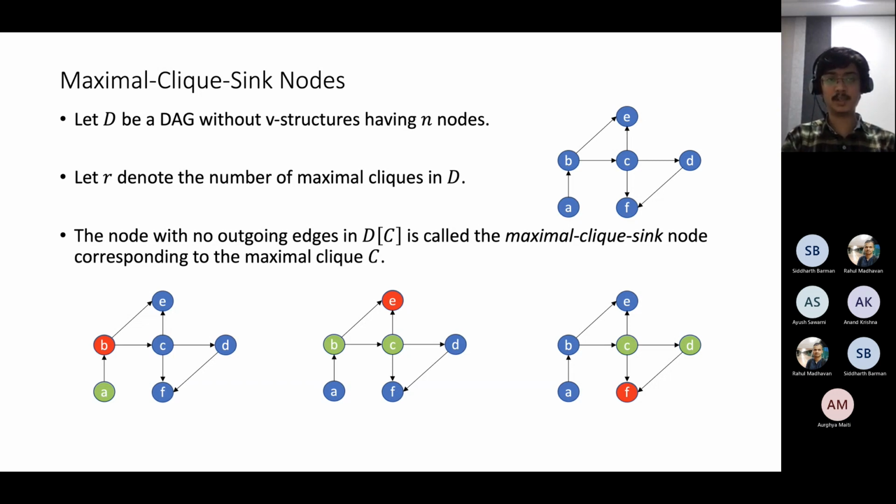This means that the number of maximal clique sink nodes is R. R is also the number of maximal cliques, right? In the subsequent part of the talk, I'll refer to maximal clique sink nodes as just sink nodes. So there are R sink nodes, and each maximal clique has a corresponding unique sink node.